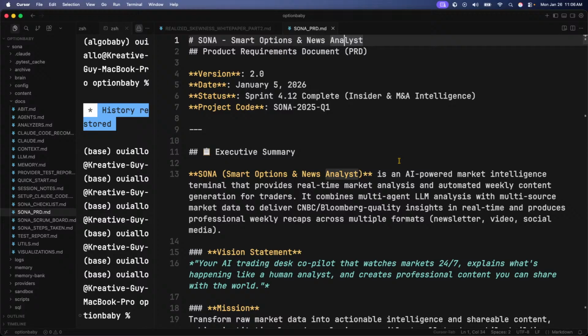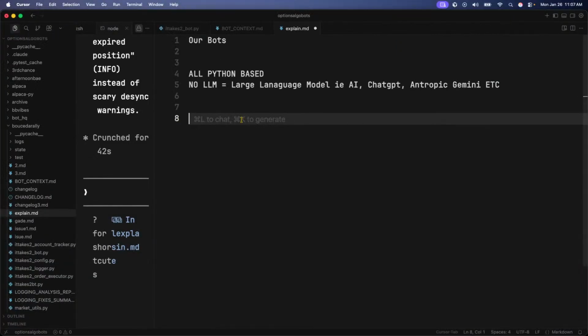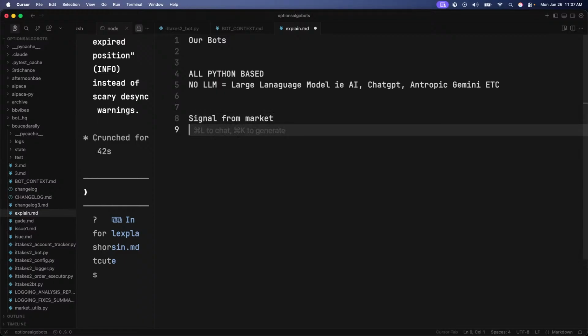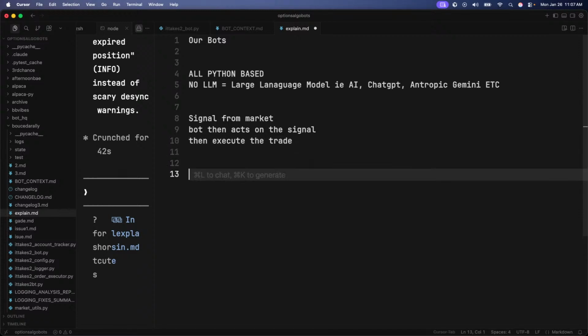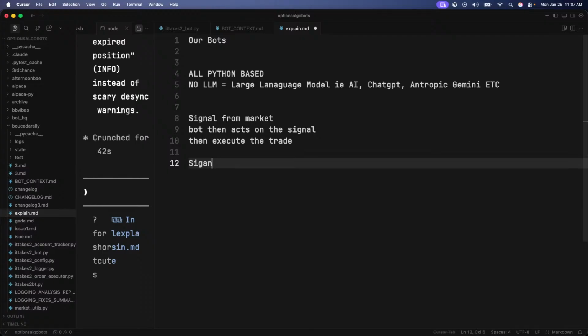No, I don't use AI for my bots because I would just slow it down. Because it would have to go like this, example I was trying to show. Right now we get a signal from the market, the bot then acts on the signal, then executes the trade, right? If an LLM were involved, it would have to be signal, LLM.